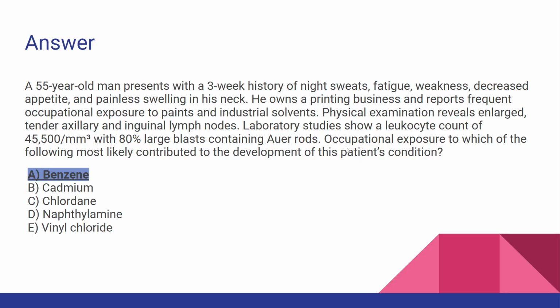Sometimes you get the question wrong because they throw you on some bus and leave you to crash, to jump off the cliff. Okay, but hey, that's why you gotta do a lot of questions, buddy. So yeah, benzene exposure is a risk factor for AML, and now you know that, right? Now you know, and you're not gonna get it wrong the next time.